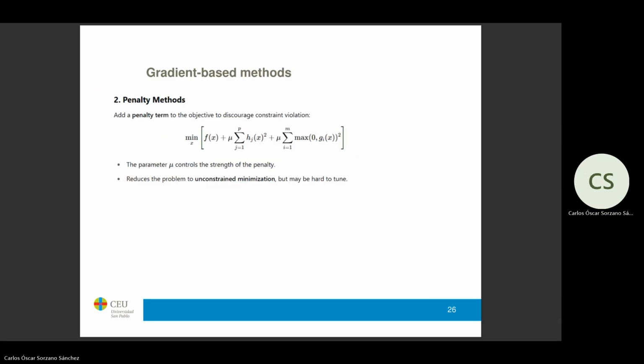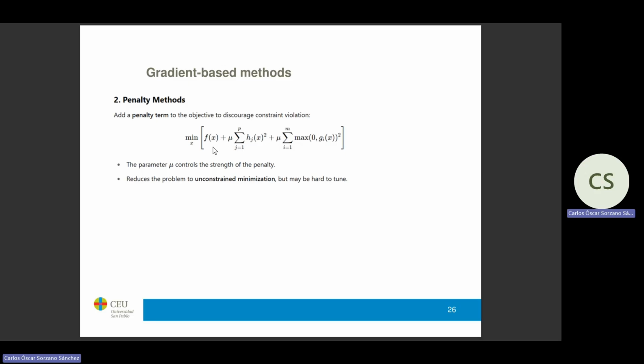Okay, then we had constraints that were inequalities and equalities. So a different family of methods to handle these constrained problems is the penalty method. These penalty methods include how far you are from the equality, or whether you are violating the inequality or not. So it is put in as a penalization.